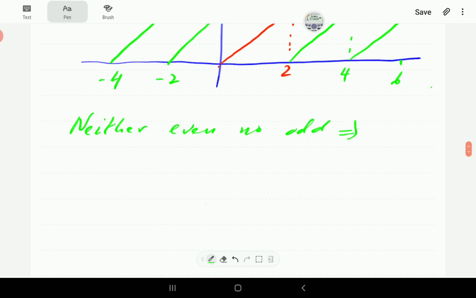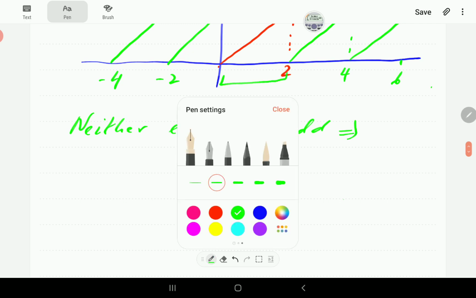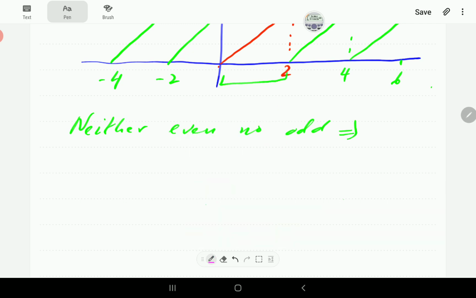The other thing we said is that the given interval corresponds to 2L, so 2L equals 2, and L is equal to 1.